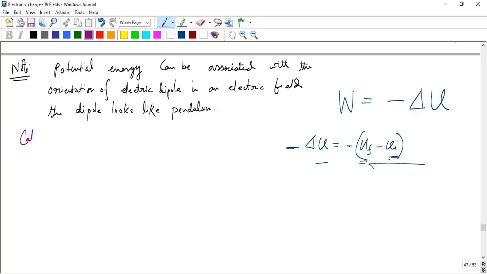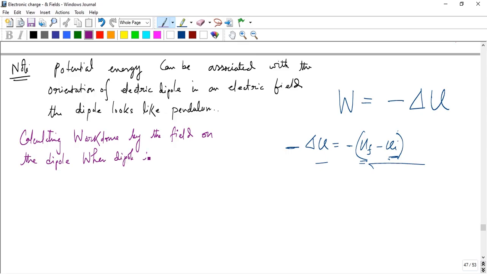Calculating the work done by the field on the dipole when the dipole is rotated to the value 0, suppose, from theta or theta from 90 degrees.